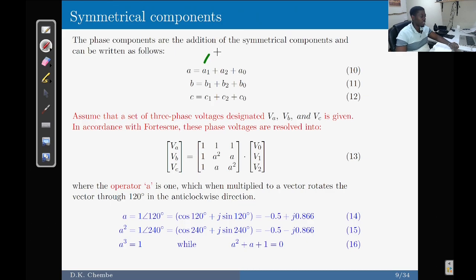A1 refers to the positive sequence, A2 refers to the negative sequence, and A0 refers to the zero sequence. Wherever you see a 1 from now on, it's referring to the positive sequence, a 2 is referring to the negative sequence, and a 0 in the components is referring to the zero sequence.